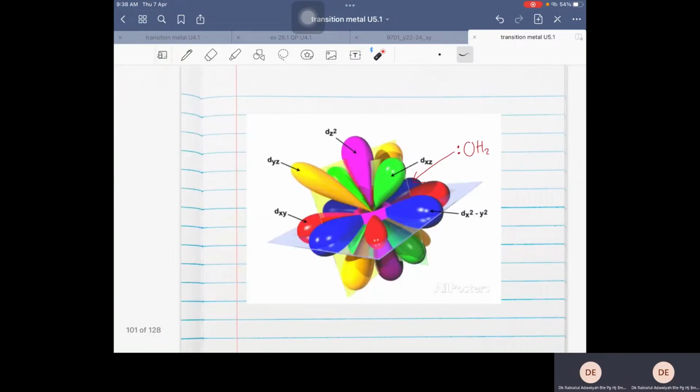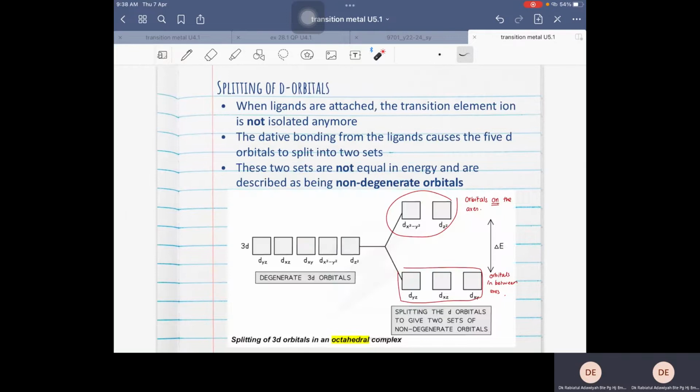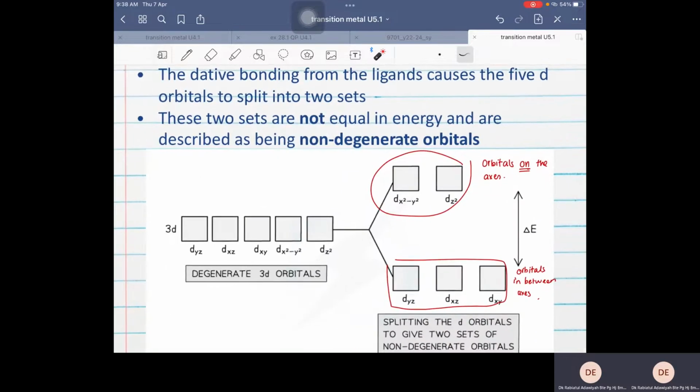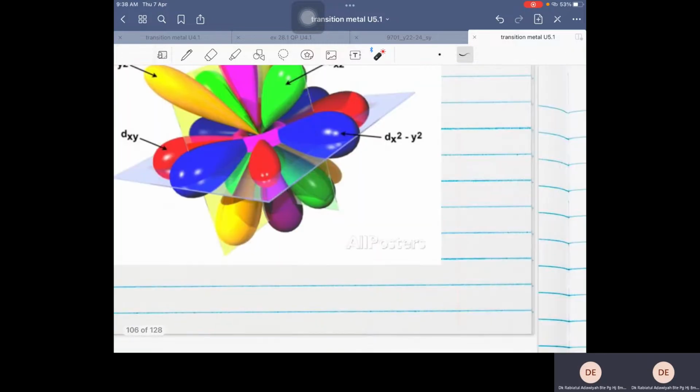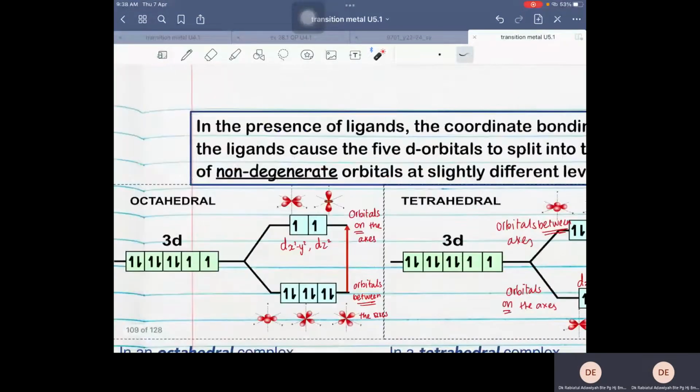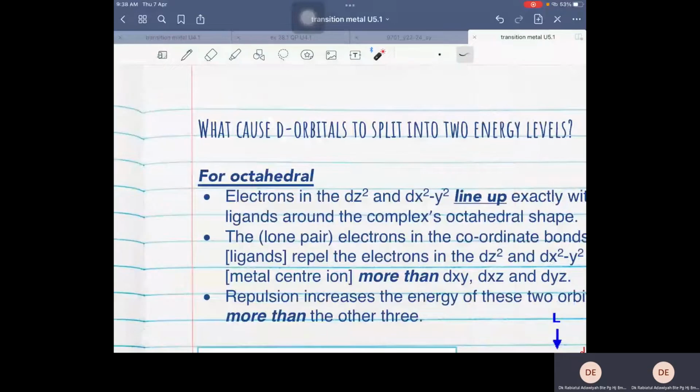And then we also saw that when we add ligands to our metal, transition metals, the d orbitals will be split. Okay? And they're always split according to the group. The group of orbitals that sits on the axis, and the other group is the orbitals that sit in between. It depends on the shape of the complex as well.